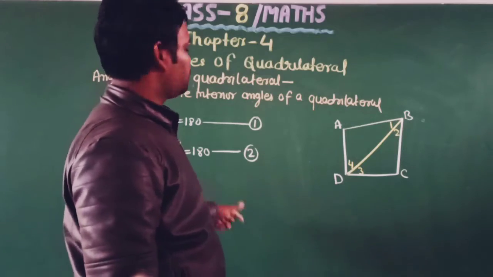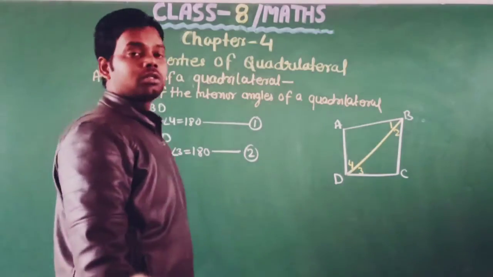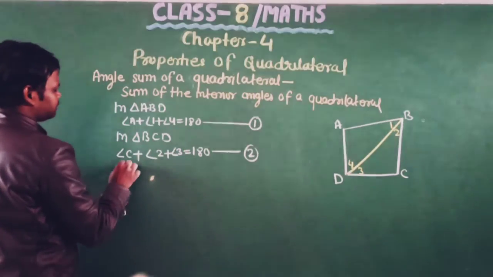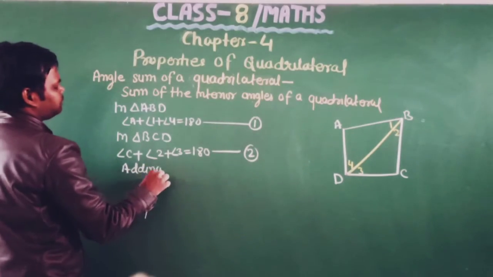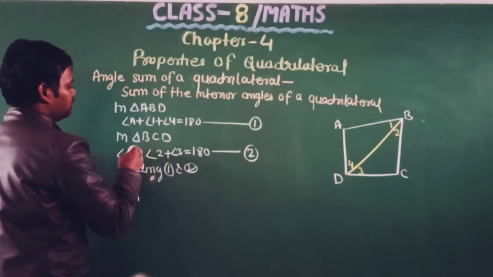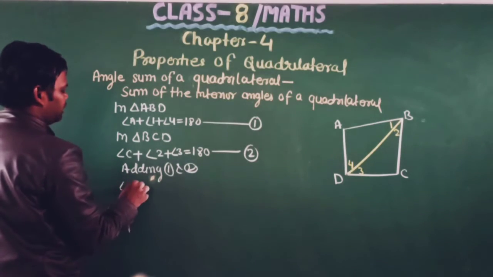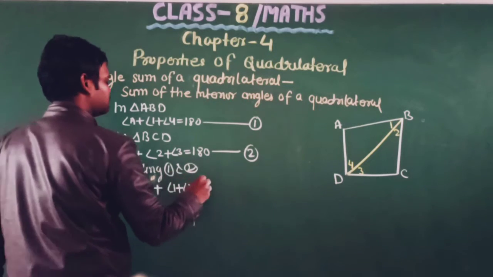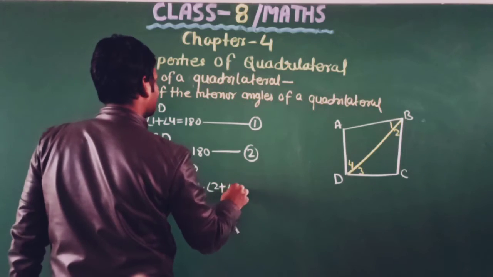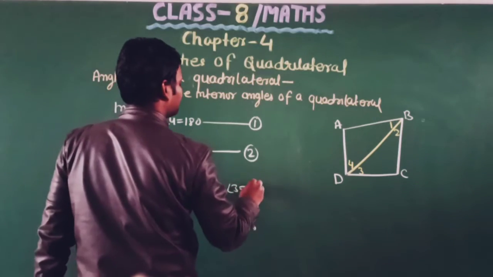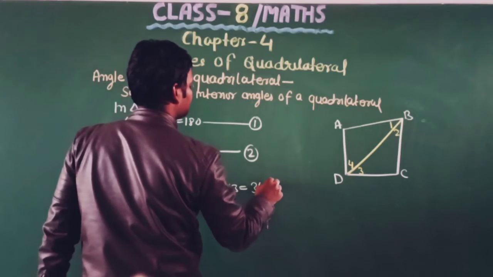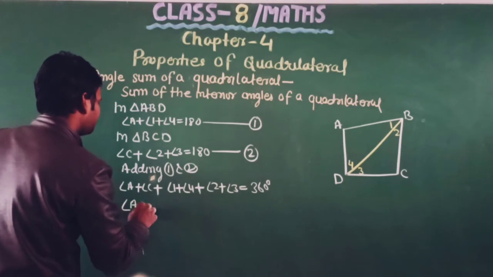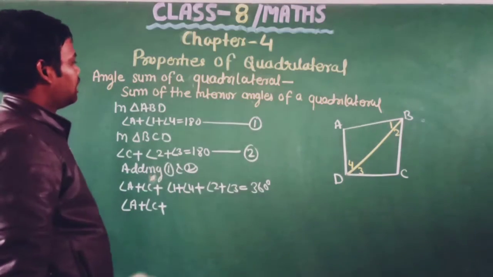Now let's see what we will get after adding equations 1 and 2. Here we get angle A plus angle C plus angle 1 plus angle 4 plus angle 2 plus angle 3 equals 180 plus 180, which is 360 degrees.